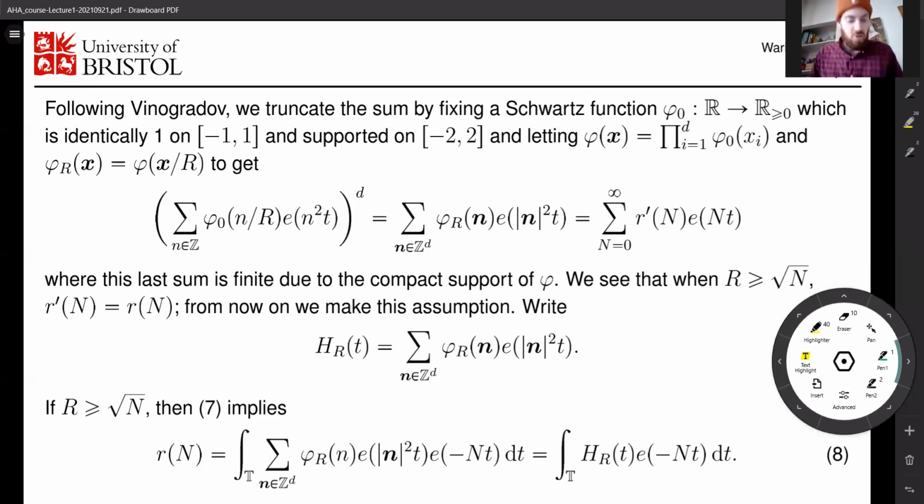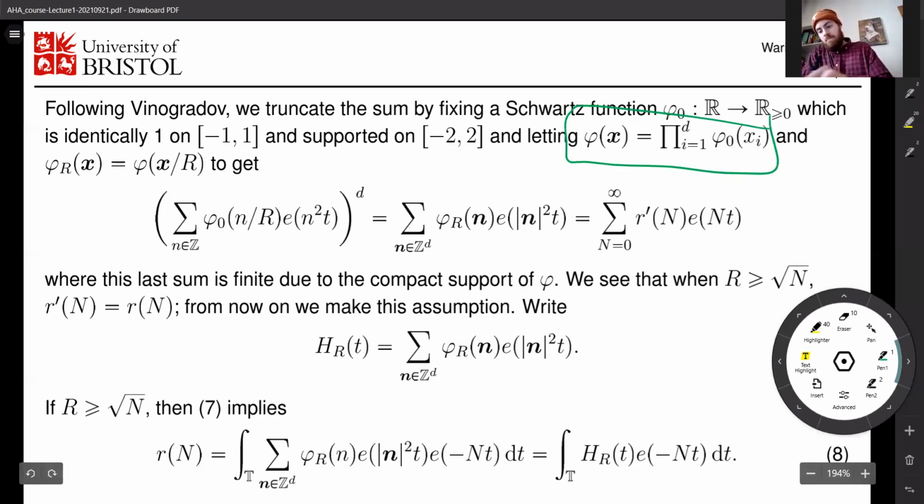Now that was one-dimensional, and we need a d-dimensional version of it. That d-dimensional version is just done by making it a tensor product. So each coordinate, I have this original Schwartz function phi. And then we'll also need to consider dilates of it, where I've dilated each coordinate by r.